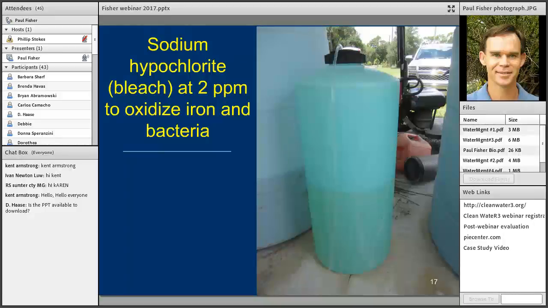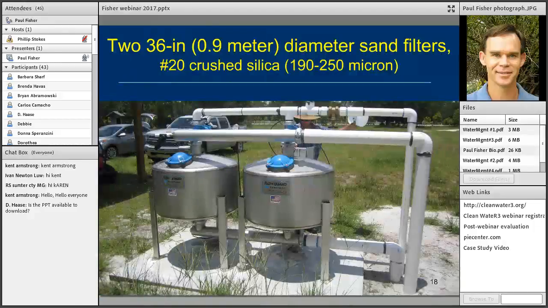So the treatment solution in this case was to inject sodium hypochlorite, or liquid bleach, at 2 parts per million to oxidize the iron and kill the bacteria. The grower installed some sand filters downstream from the chlorine injection so that it would catch the particles that precipitated out as dissolved iron turned into rust particles, and would also take out some of the bacteria that would now be killed.